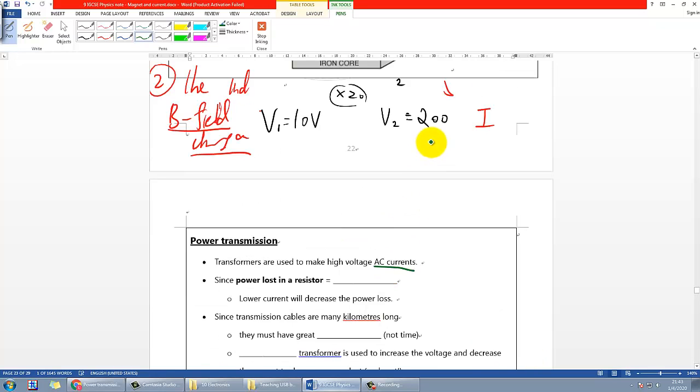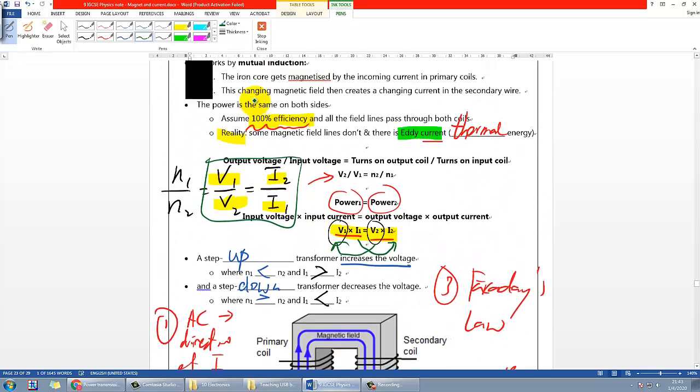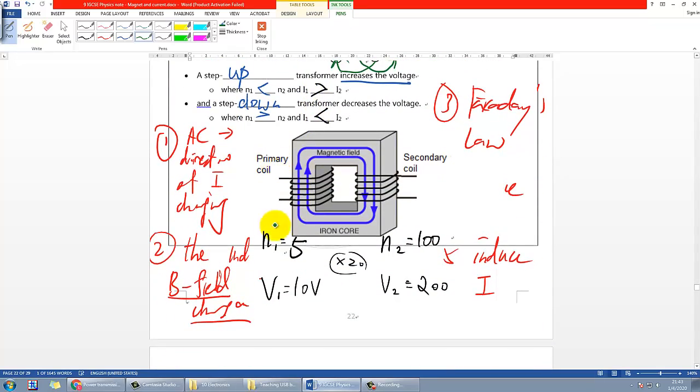And by the way, the reason why we have to use AC, back to the transformer, is imagine if you use DC, then the direction of current would not be changing, and therefore the B field direction would not be changing, and therefore the B field experienced by the secondary coil, yes, you can experience a B field, but it is not changing. And according to Faraday's law, it has to be a changing B field for inducing the EMF, right?